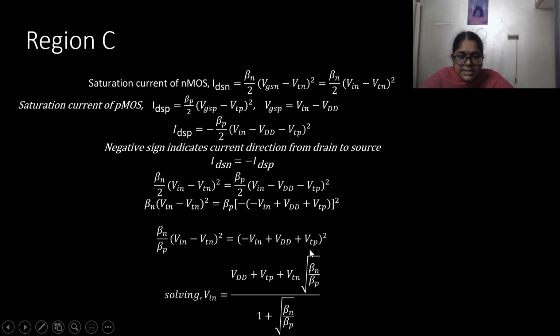When we solve this expression by taking the square root on both the sides, we get Vin is equal to VDD plus VTP plus Vtn square root of beta n by beta p, by 1 plus square root of beta n by beta p. So this is the expression for Vin in case of the nMOS and pMOS transistor in saturation region, that is region C. And as I have told you, Vin is equal to Vout is equal to threshold voltage of the inverter in region C.